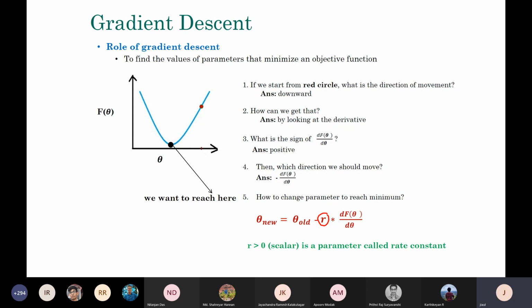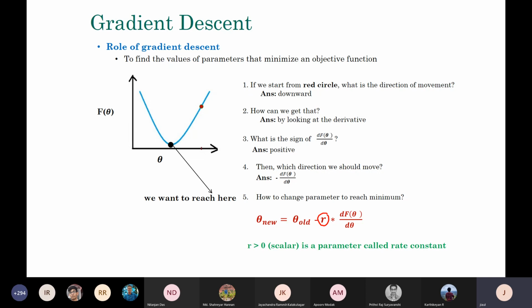Who will tell me that? Of course the magnitude of the derivative will tell me to some extent whether the function is very steep or very flat. But then my rate of descent, who will control that? So r is telling you that. I know my direction very well, but at what rate should I descend? Should I make a big jump or a small jump?